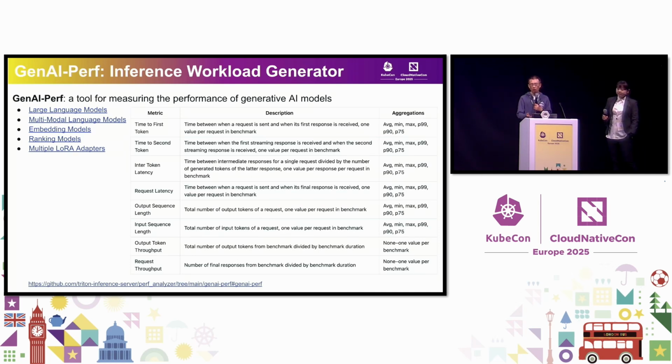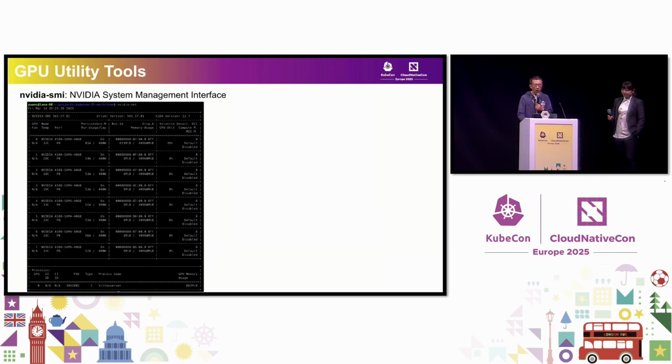It can provide a lot of metrics and data for GenAI-specific workloads, like the time to first token and the inter-token latency. It's going to be a very useful tool to understand the behavior of GenAI model inference.